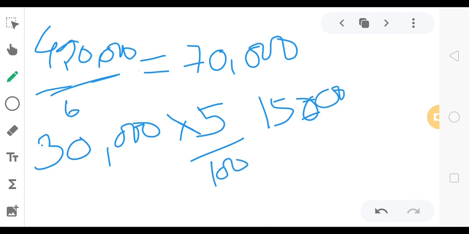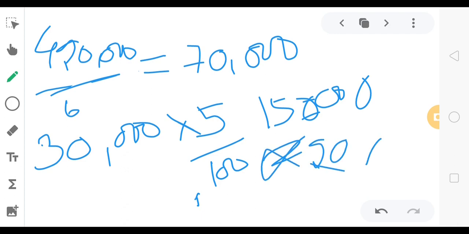So we calculate 30,000 book value into 6 by 12 into 20%. So 15,000, and then we get 20% depreciation on the second plant.